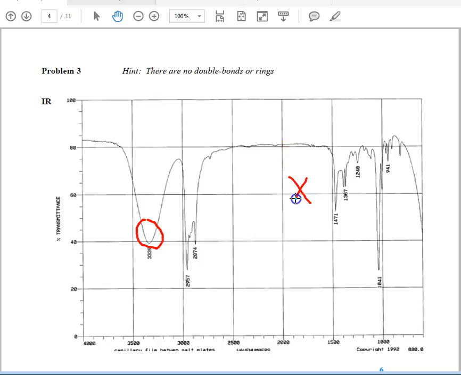So it's not going to be a carboxylic acid, there's not going to be a ketone or an aldehyde, and it's not going to be an ester because we know we have an OH. So that's really the major information we're going to get from the IR. Most of the information beyond this we're going to get from the NMR.